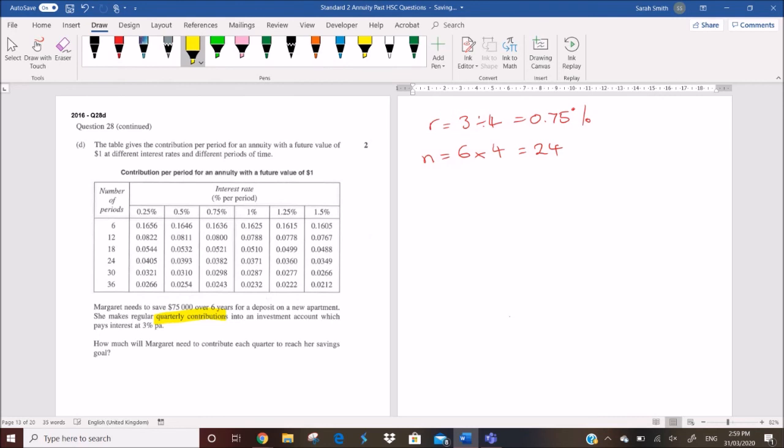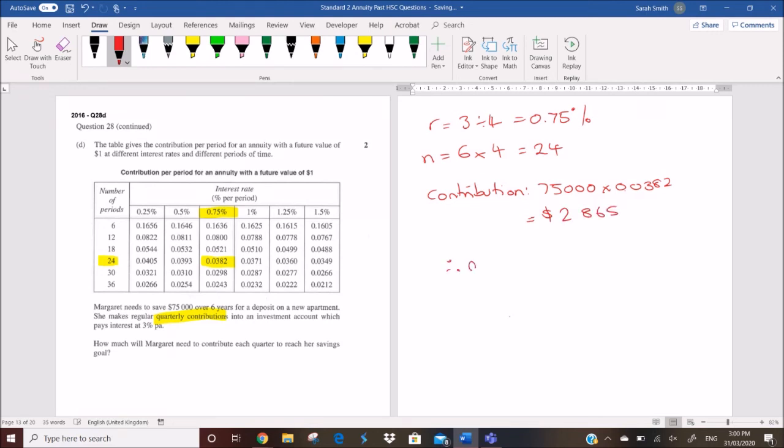So we look into our table, we find our 0.75%, we find our 24, and that gives us what our interest factor is going to be. The contribution factor is going to be... So our contribution is going to be 75,000 times 0.0382, and that equals $2,865.